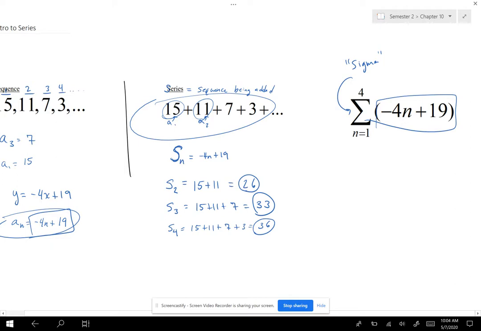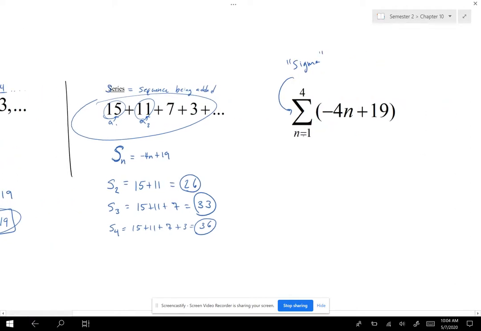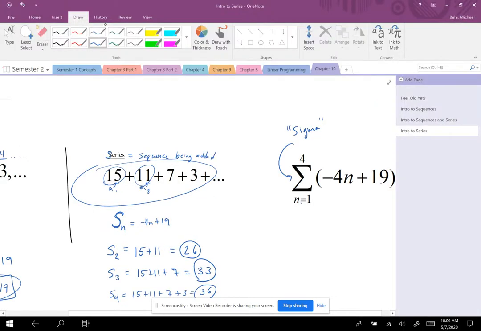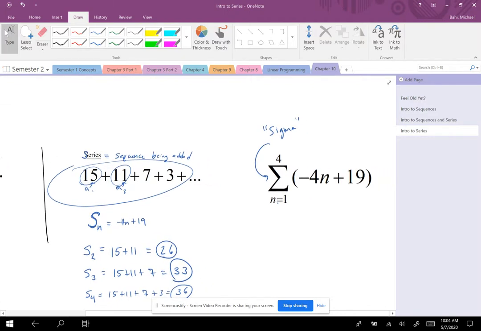It's not a sub n equals. There's no equal sign in sigma notation except for this one, and it means something a little different. In sigma notation, you have your equation, and at the bottom, it's going to have a variable equals a number. This variable is the same variable as that, and what it's saying is this is where you're starting from.